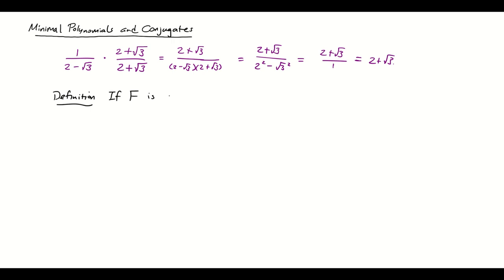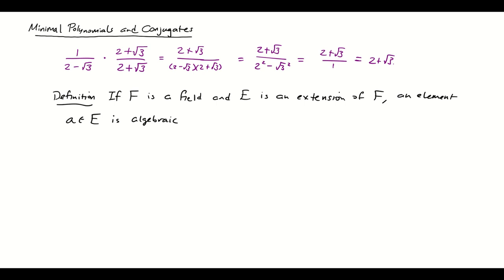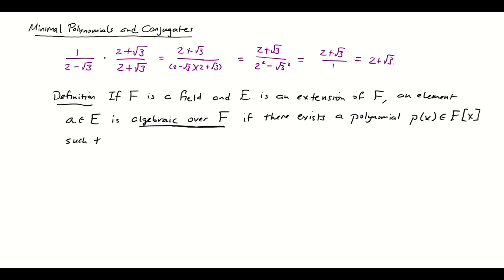If F is a field, and E is an extension of F, an element a belonging to E is said to be algebraic over F, and that's all one term, if there exists a polynomial p(x) in F adjoin x, so a polynomial over F, such that p(a) is equal to 0.